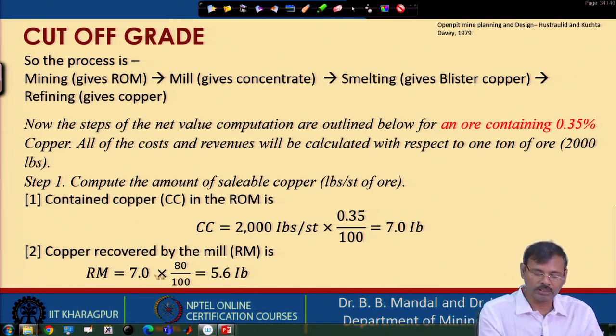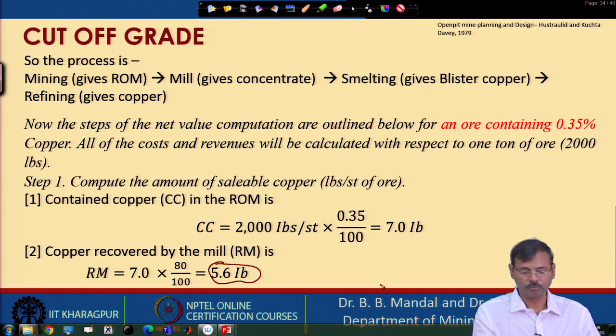Considering this 80% recovery, we will find that in the mill concentrate we have 5.6 pound, because 80% is recovered only.